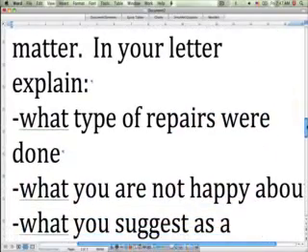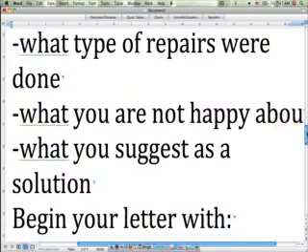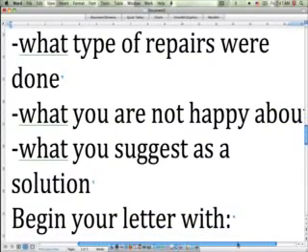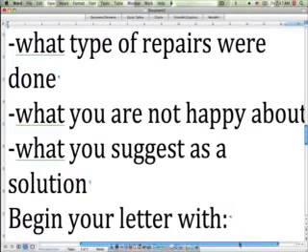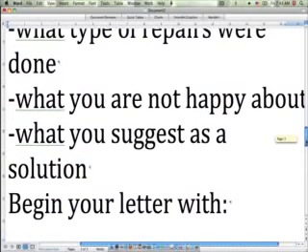In your letter, explain what type of repairs were done, what you are not happy about, what you suggest as a solution. And begin your letter with "Dear Sir" or "Madam."